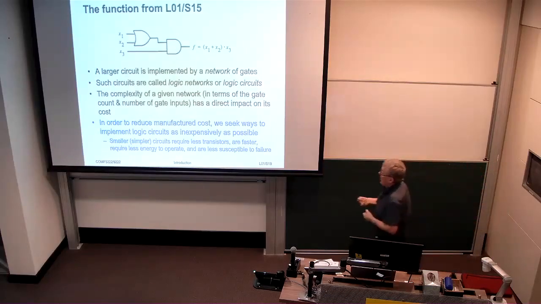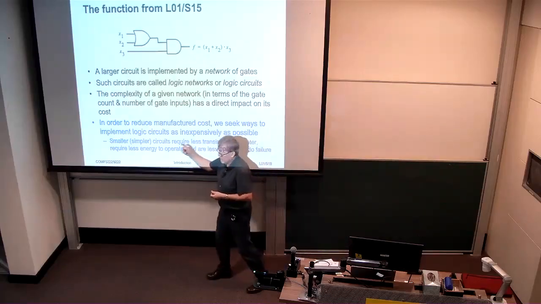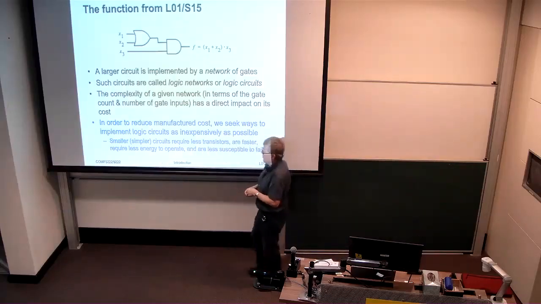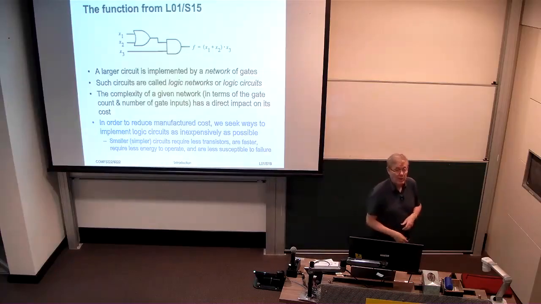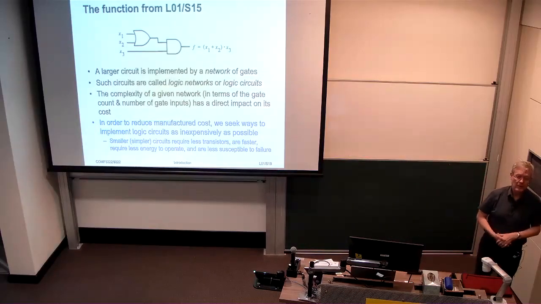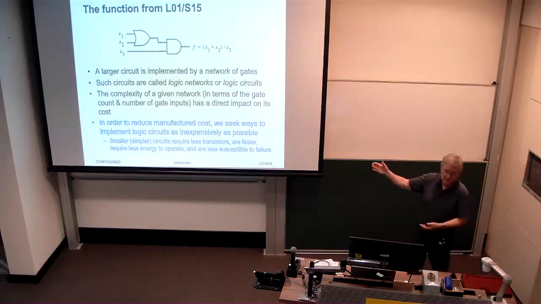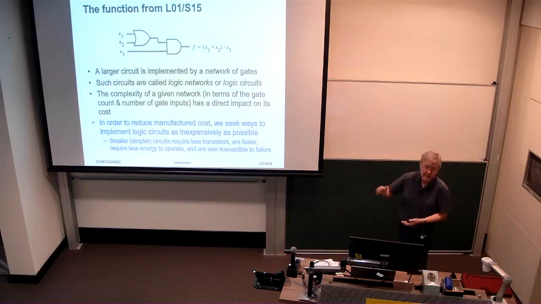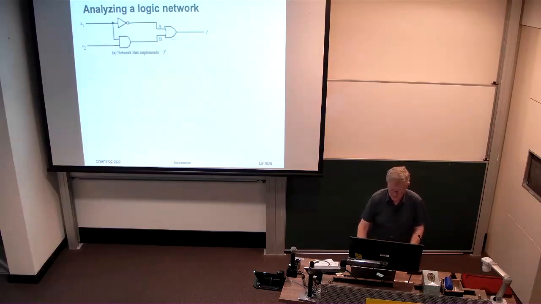Okay? And since you've got fewer transistors, you need less energy to power it. And because there are fewer transistors there, it's less likely to fail. So lots of benefits accrue from having the simplest possible implementation of the circuit. Right, I think you've all understood that.